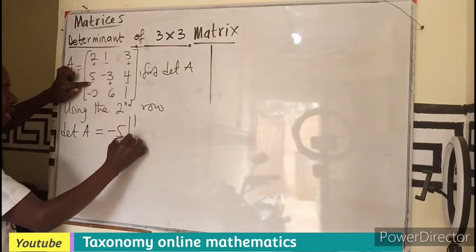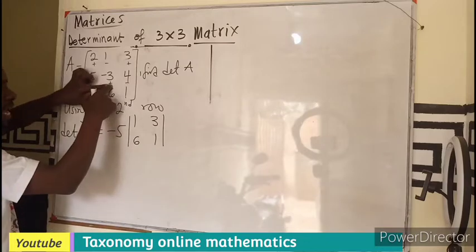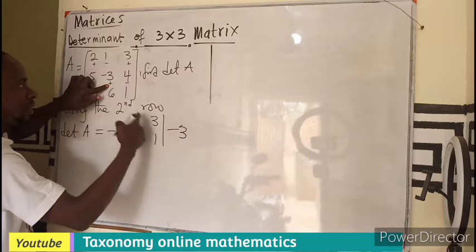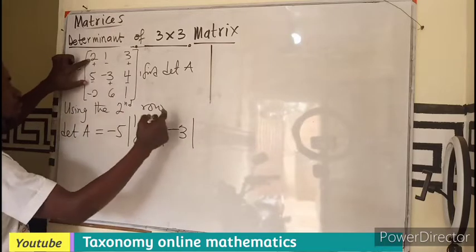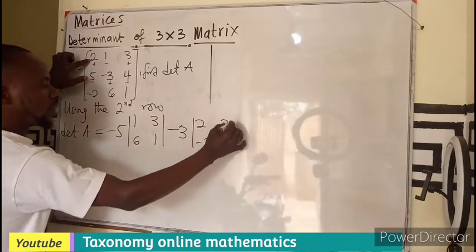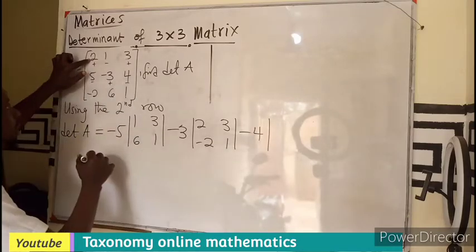I am left with 1, 6, 3, 1. I am coming here, plus, but it's going to be plus minus 3, which will still be minus. Covering all this, the middle goes, so 2, minus 2, 3 and 1. Then this becomes minus 4.